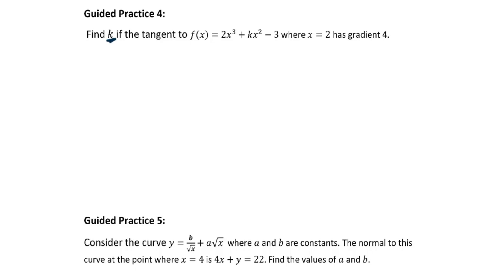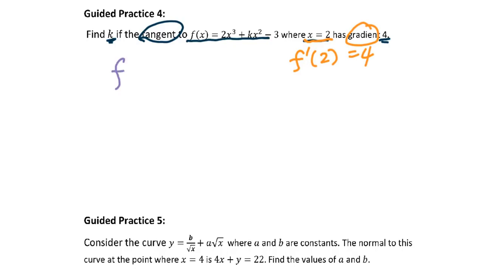Find the k, if the tangent to this where x equals 2 has a gradient of 4. Remember, tangent, gradient means derivative. Where x equals 2, we can write down f prime of 2 equals 4. So we will get the derivative for this function. Drop down the power.